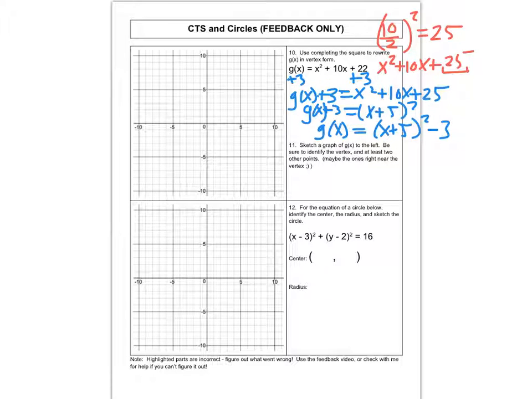And we're done with the completing the square part. Sketching, we've got a vertex at negative 5, negative 3. Bada bing. And since there's a 1 here, we're going to go up 1 in both directions. Make a nice, happy parabola.